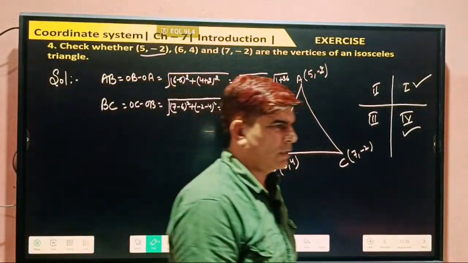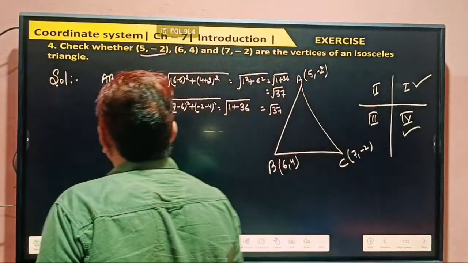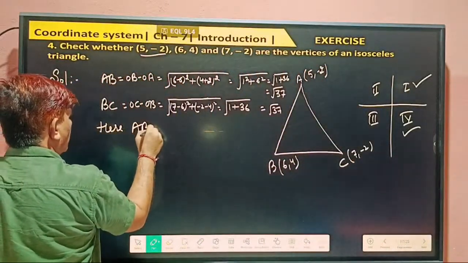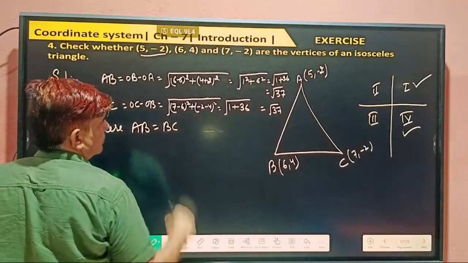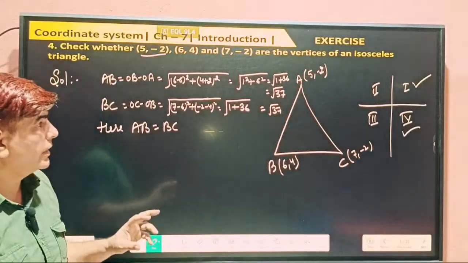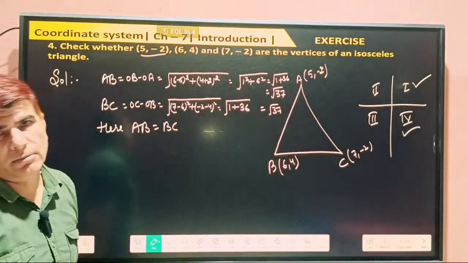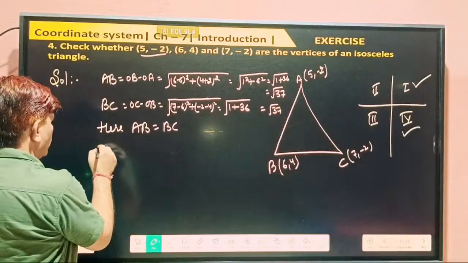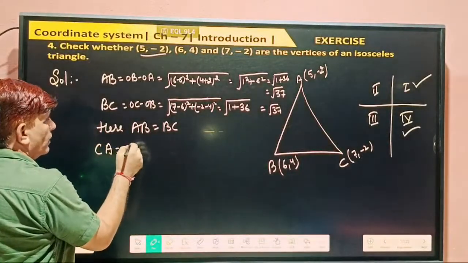So from this also we can say AB equals BC. Two sides of this triangle are equal, so definitely we can say it is an isosceles triangle, satisfying all the conditions of an isosceles triangle. Find out CA also.